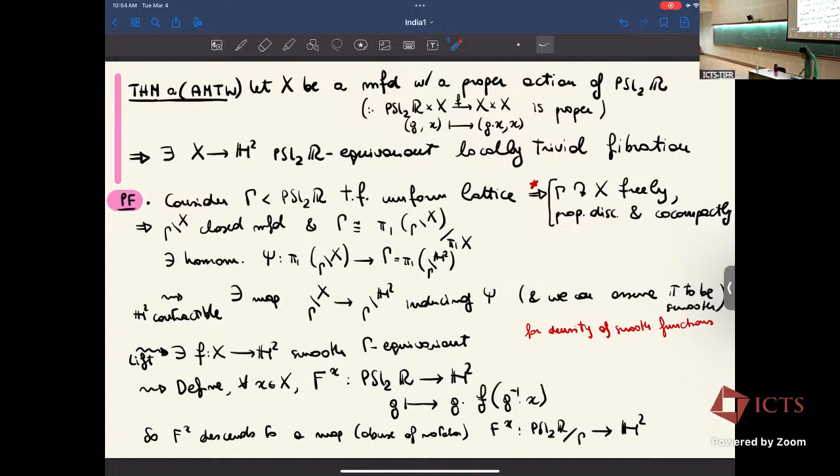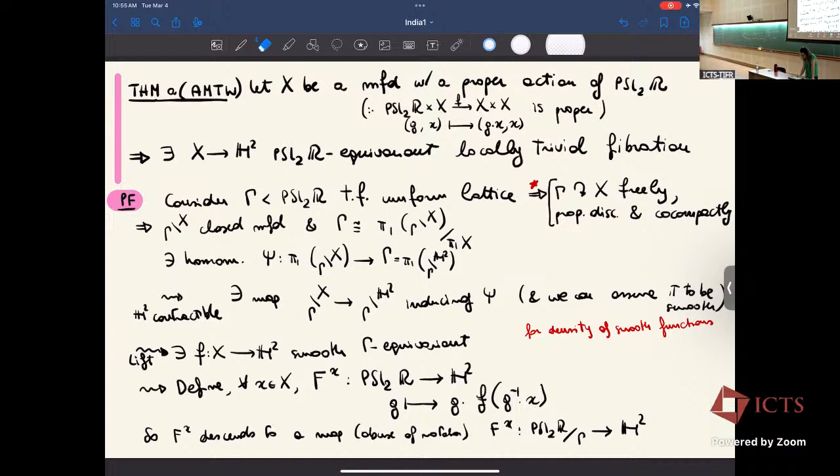So let me give you the main idea. It might be a little technical. We need to define a lot of maps, but please stop me if you get confused.